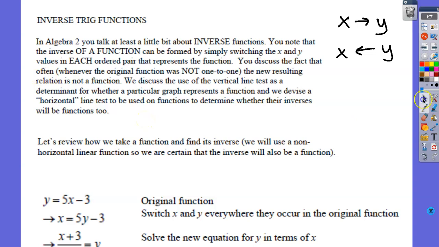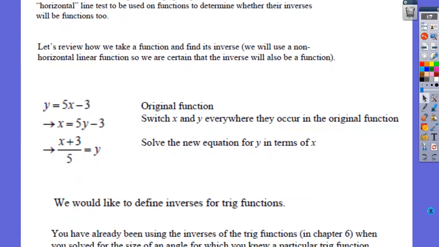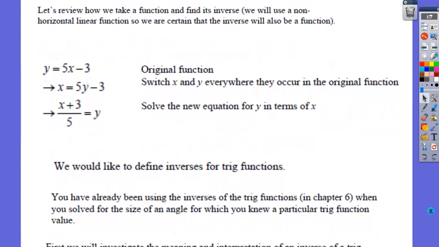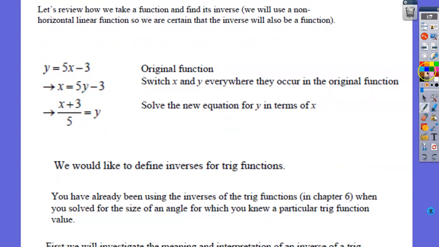Let's review a little bit how we find those, and then I'll talk about determining whether things are actual functions within the inverses. So how did we find an inverse again? One easy way you would have done this in the past would be to take the original function and switch what used to be the input with the output. So here, I'm switching the x and y's places.